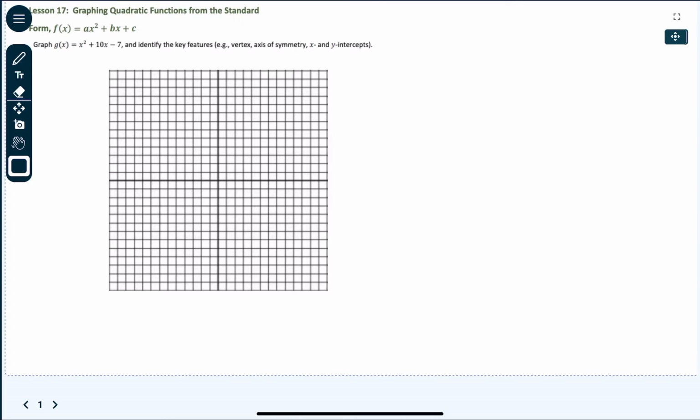And what is that, Sarah? Y-intercept is equal to -7, because if I plug in 0 for all of the x's, I would still get -7. So it's (0, -7). That is where it's going to cross the y-axis.